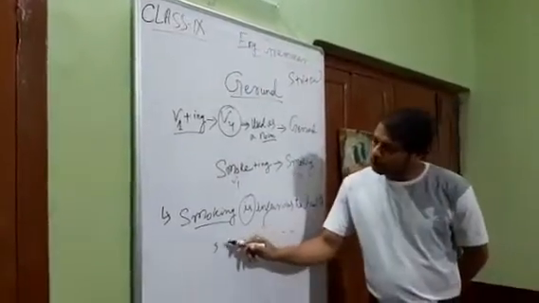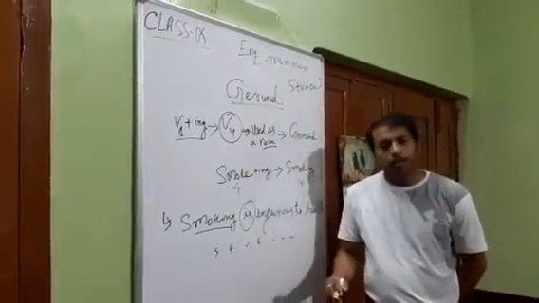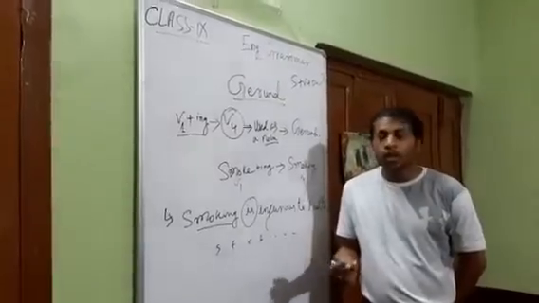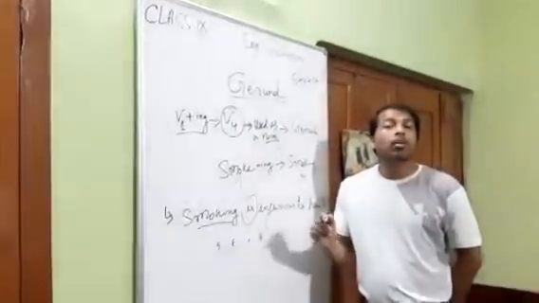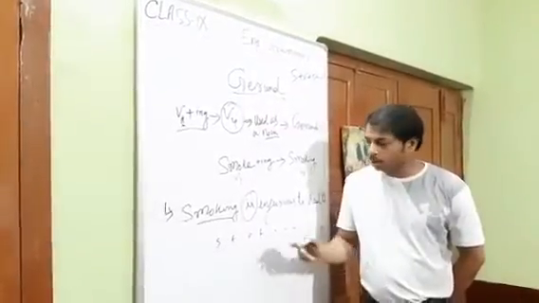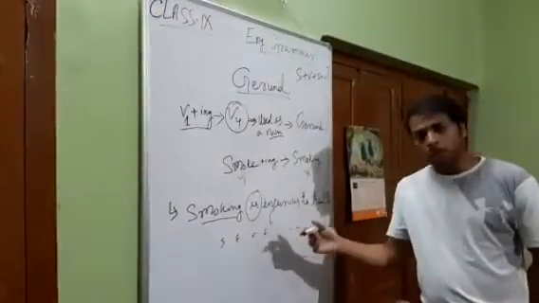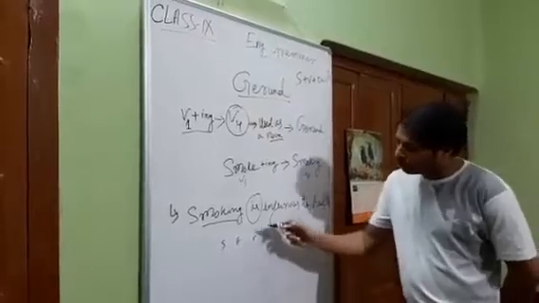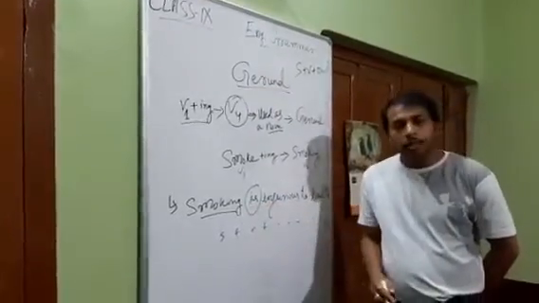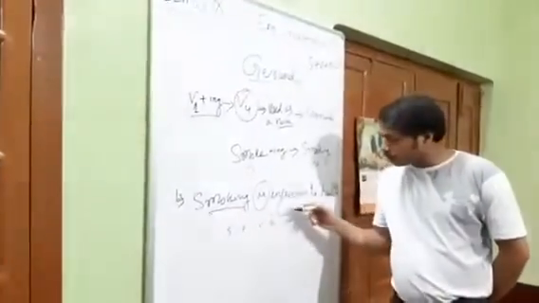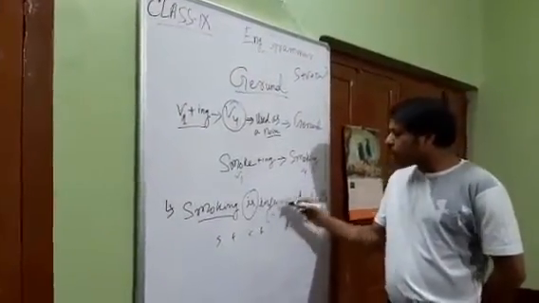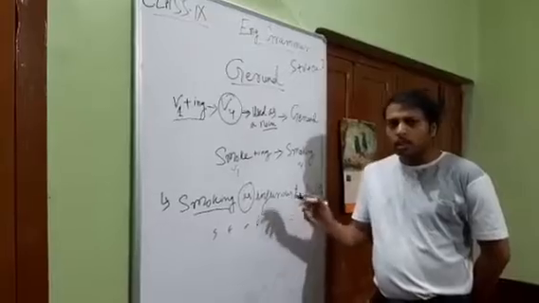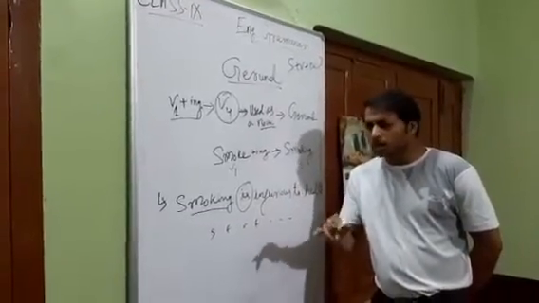So smoking is the subject, and subject we have learned in our junior classes is always a noun or noun equivalent. That means subject and object both are noun or noun equivalent. So here smoking is the subject, and if I go deep into the sentence, what does it say? Smoking is injurious to health. That means, what is injurious to health?